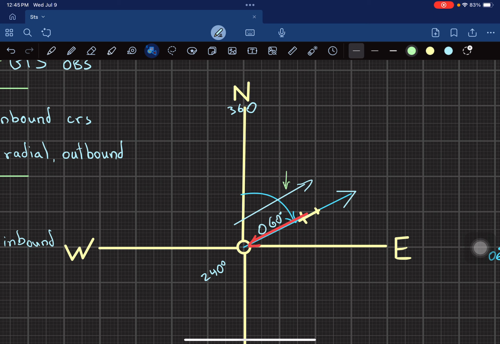And your correction will have to be somewhat larger than what you normally would hold for one leg because you have to account for the wind drift of one, two, and three legs.